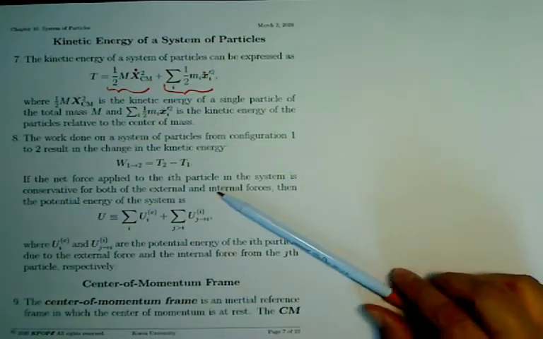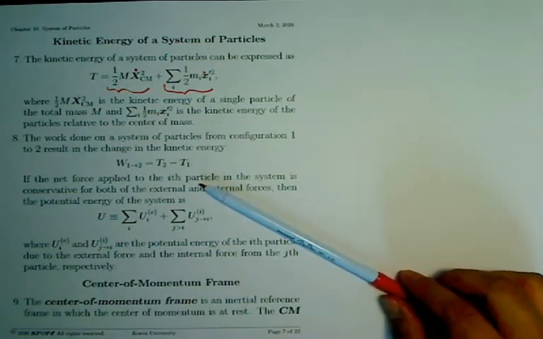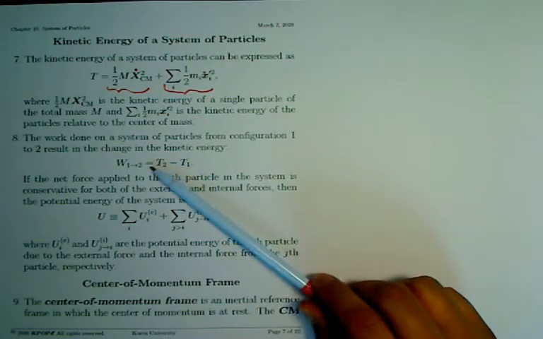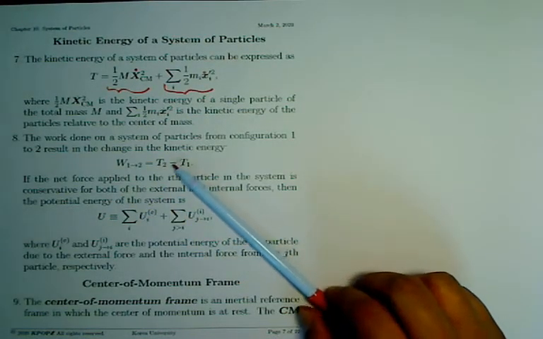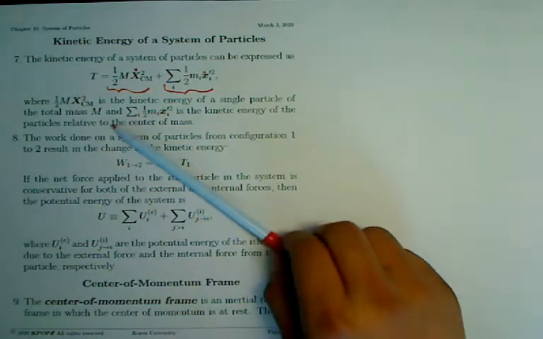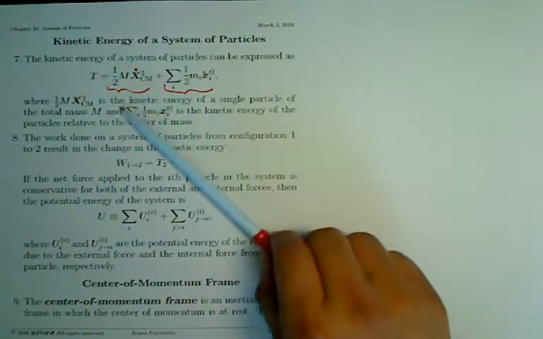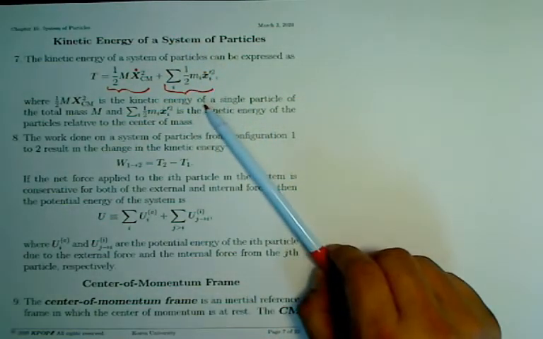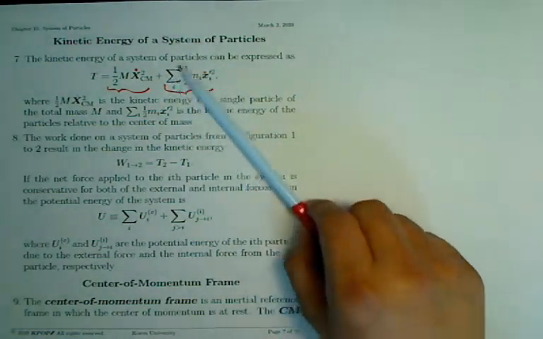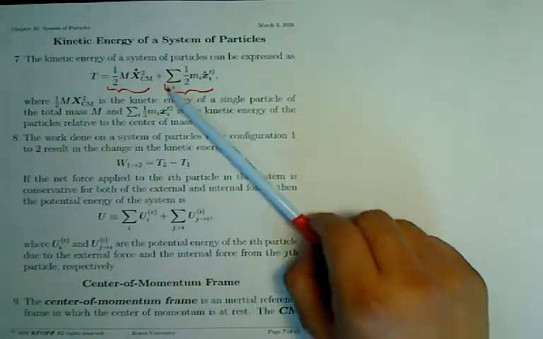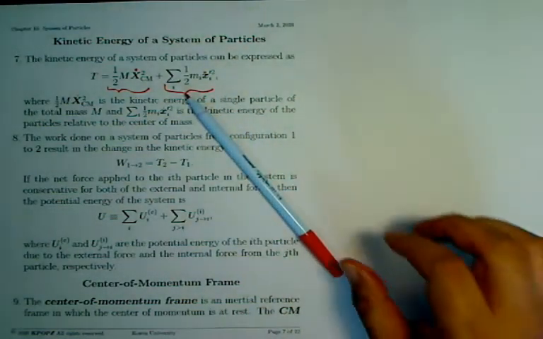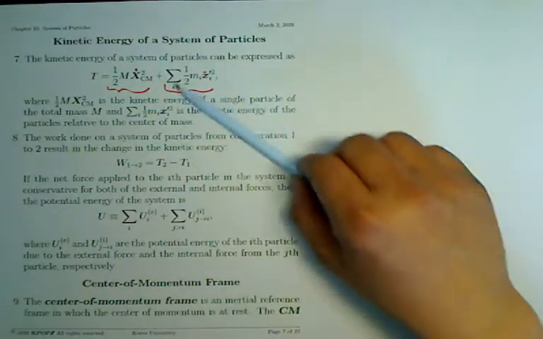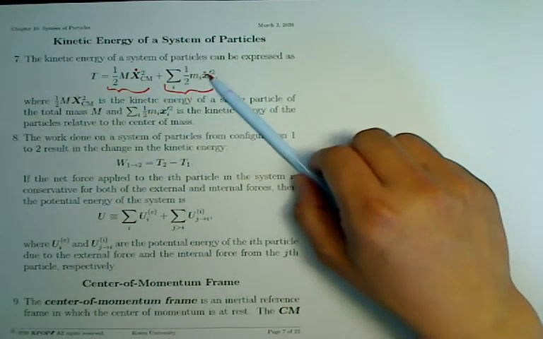Again, the work kinetic energy theorem can be applied to compute the change of kinetic energy of the system. That change of the kinetic energy of the system will be the change of the translational kinetic energy, and for a rigid body it is a rotational kinetic energy, but it also has the radial kinetic energy. So, relative motion with respect to the center of mass.